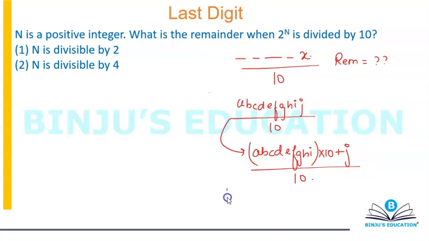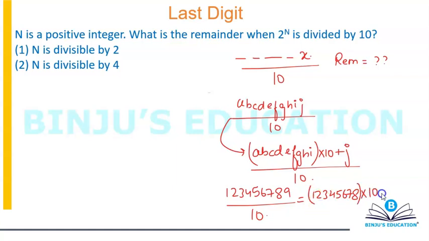For example, if I take up a number 1, 2, 3, 4, 5, 6, 7, 8, 9 divided by 10, find the remainder. You can rewrite this number as 1, 2, 3, 4, 5, 6, 7, 8 whole multiplied by 10 plus 9, divided by 10.